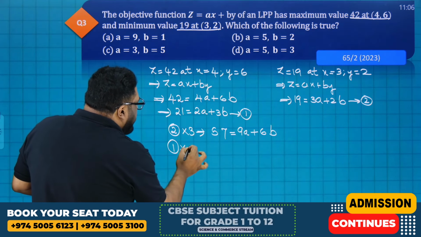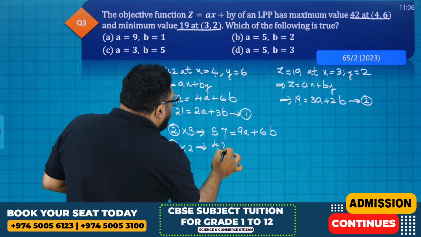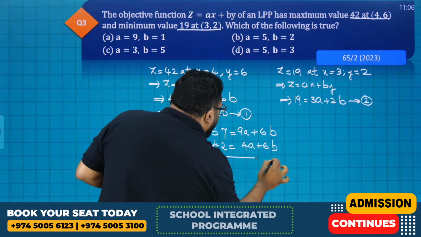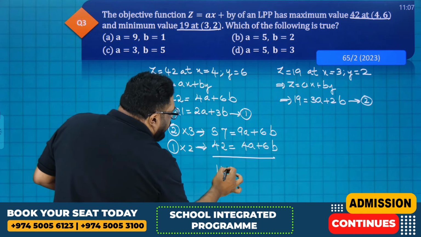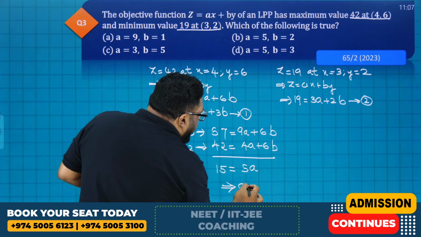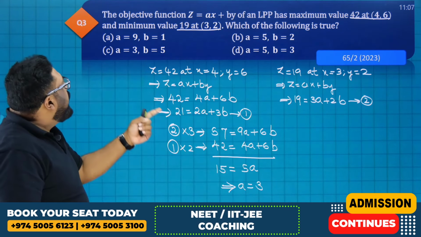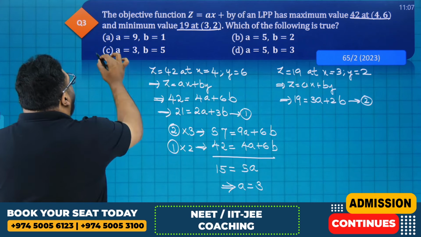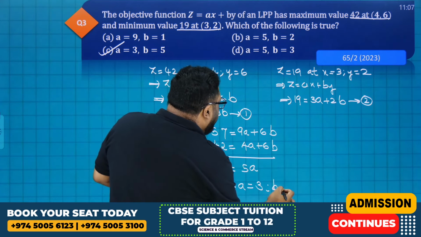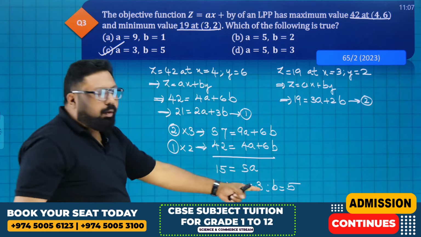Equation number 1 is multiplied by 2, so you will get 42 is equal to 4a plus 6b. If you subtract, you will get 15 is equal to 5a, which implies a is equal to 3. I got the value of a is equal to 3. There is only one option with a is equal to 3, and then definitely if a is equal to 3, I can conclude that b is equal to 5. That's all.